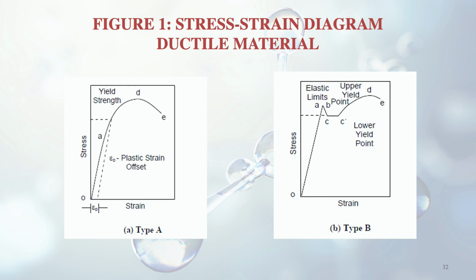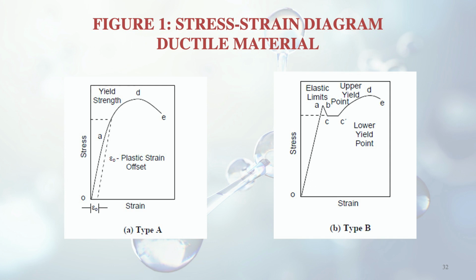And this is happening because of the movement of the crosshead of the machine. The ends of the specimen which are gripped in the machine are moving slowly with respect to the deformation that is taking place inside the specimen. That's why two yield points are there, and it happens only in certain kinds of materials.